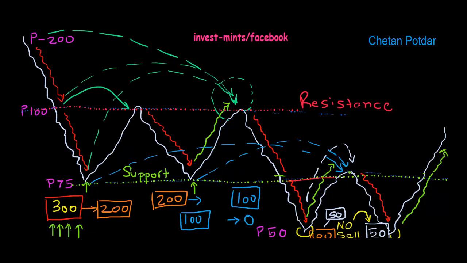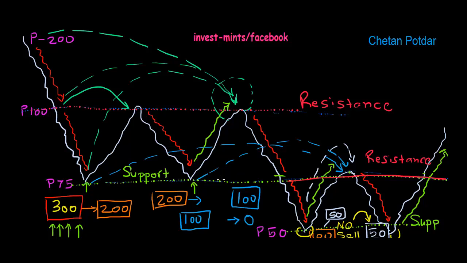So let me make this line over here, and as this line becomes a ceiling, we can again call this line a resistance. Similarly, we could also draw a line here at the bottom and call this line support, and this line is called resistance. So what do we conclude from there?